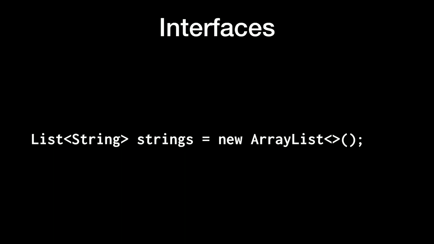If I wanted to, I could have said ArrayList of strings equals new ArrayList, but by convention, you want to use the type that's sort of the most general and makes the most sense, because you might not want to use an ArrayList. It might be something else under the hood. And so you're kind of abstracting away or hiding that detail under the hood by just saying, as long as I'm only using these methods in a list, as long as this class has those, it doesn't really matter to me what type of list it is.